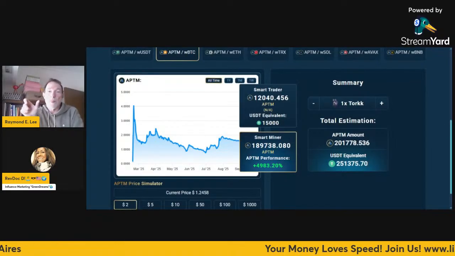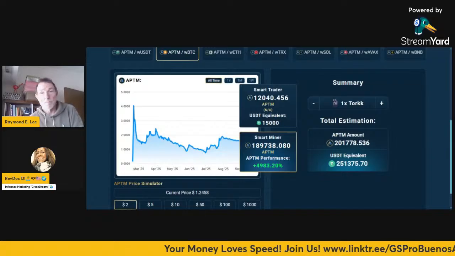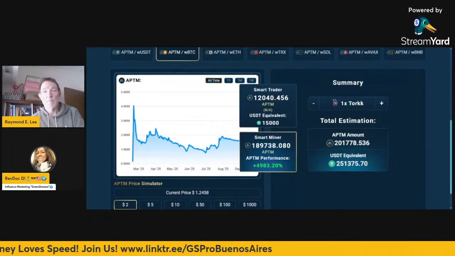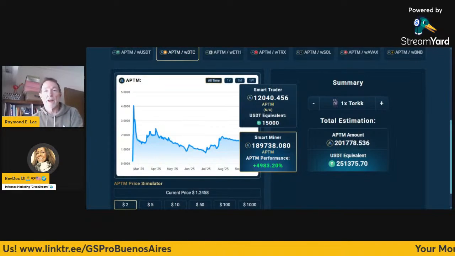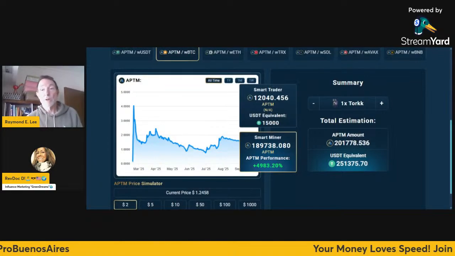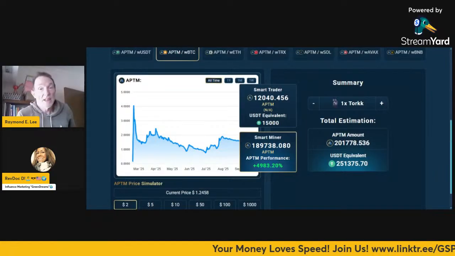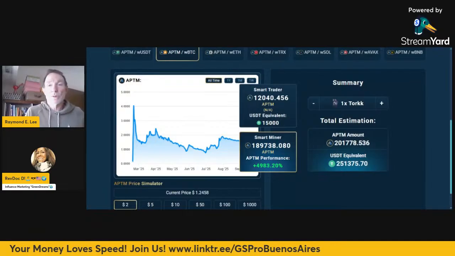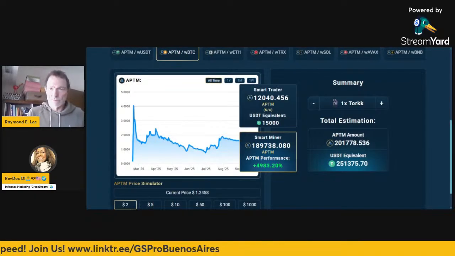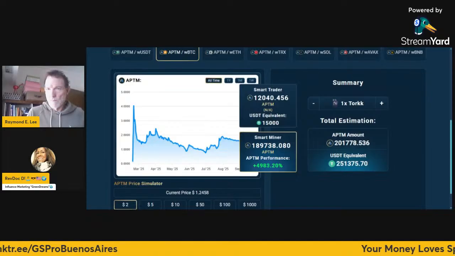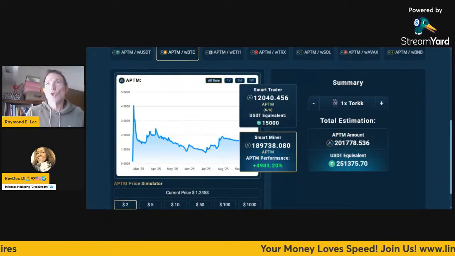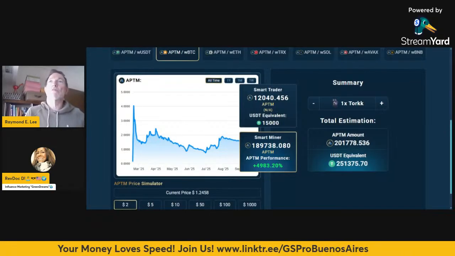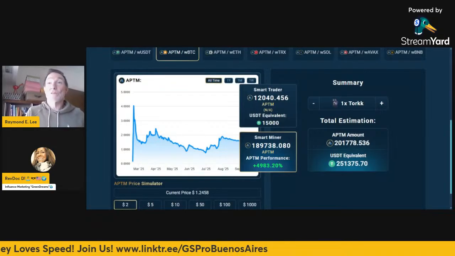It has people, a community in here, who are mining this APTM coin, and a portion of the value that is received from mining, an amount of that goes back to the foundation. So that's where the hybridization is. What they do is receive a percentage of the transaction fees.